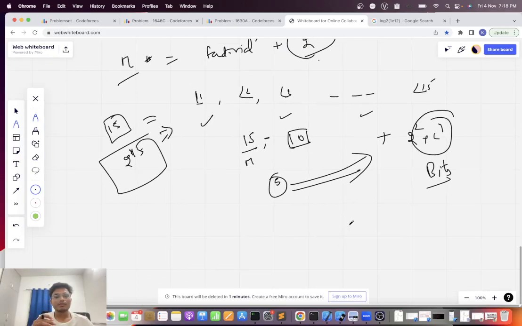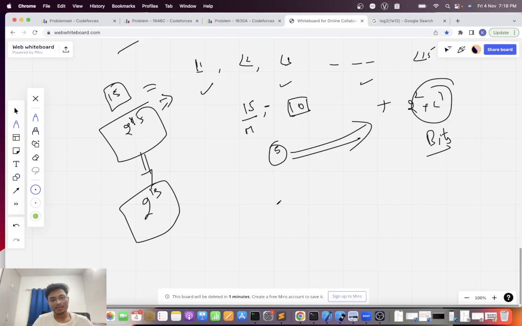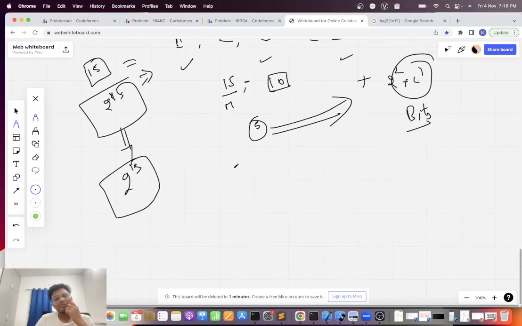So how can we take all the 2's power 15 cases for the factorials? If you notice, let's say I'm taking a value for 3 bits, that is 2 to the power 3. I have 3 values, so I'm taking 3 bits.